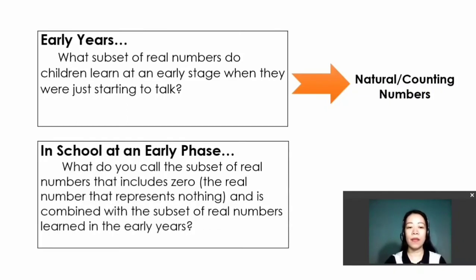Next, in school at an early phase, what do you call the subset of real numbers that includes 0, the real number that represents nothing, and is combined with the subset of real numbers learned in the early years? What is the answer? Okay, so the answer is whole numbers.